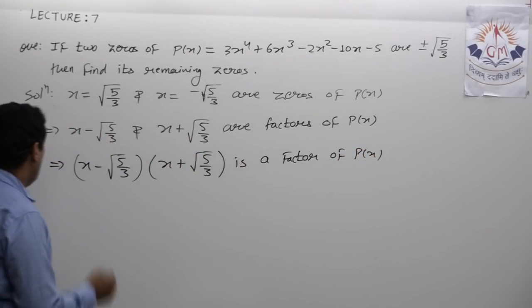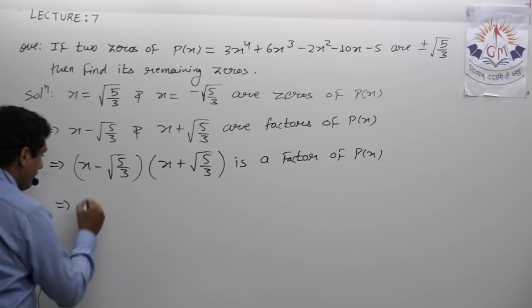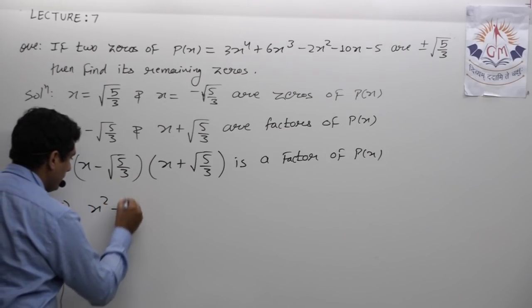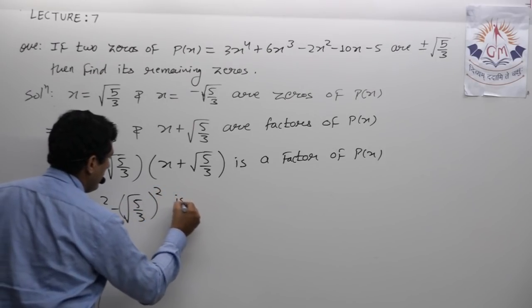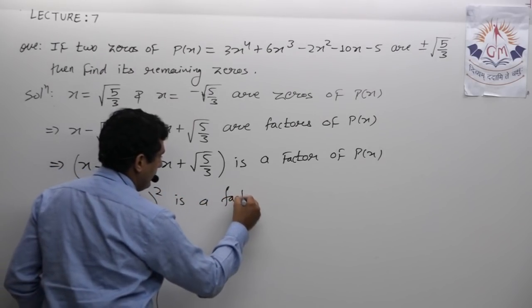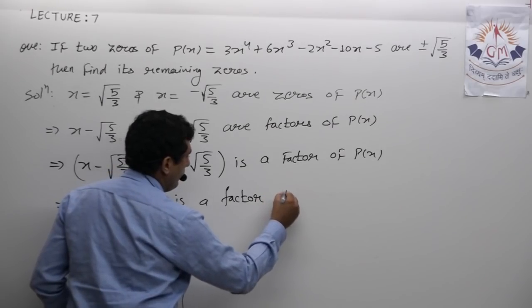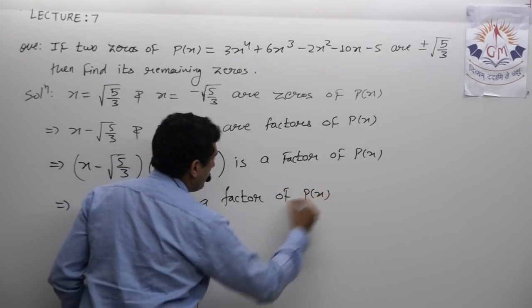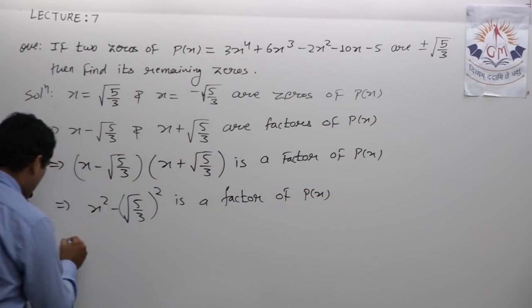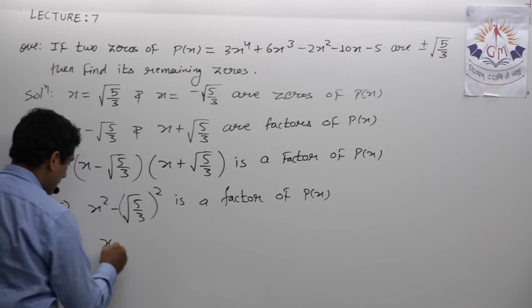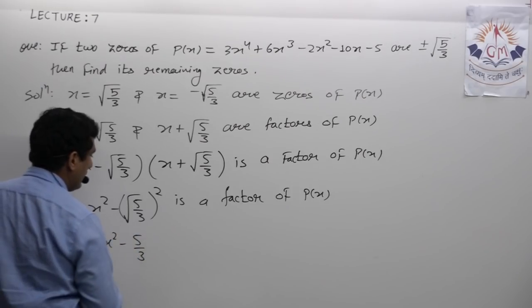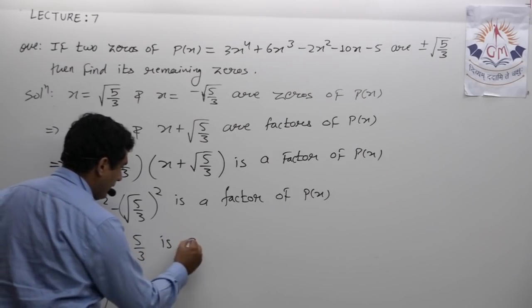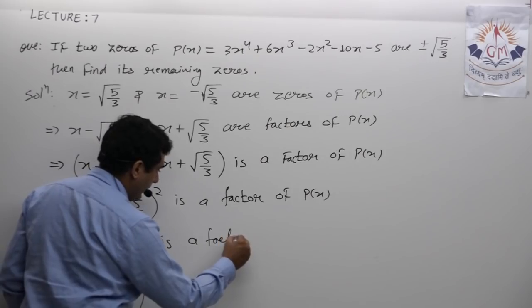Therefore I can say x square minus (root 5 by 3) whole square is a factor of p(x). Therefore x square minus 5 upon 3 is a factor of p(x).